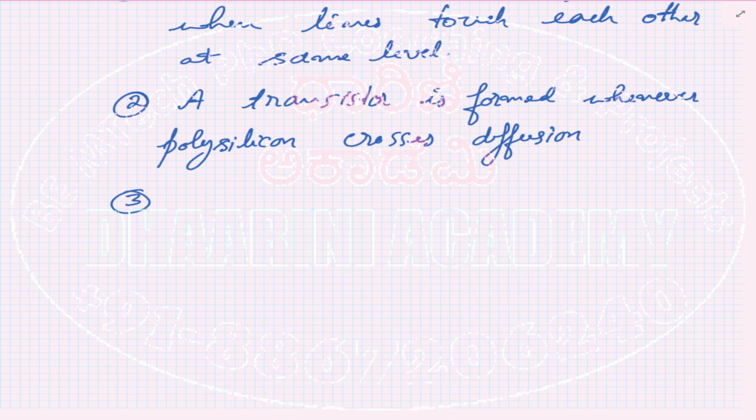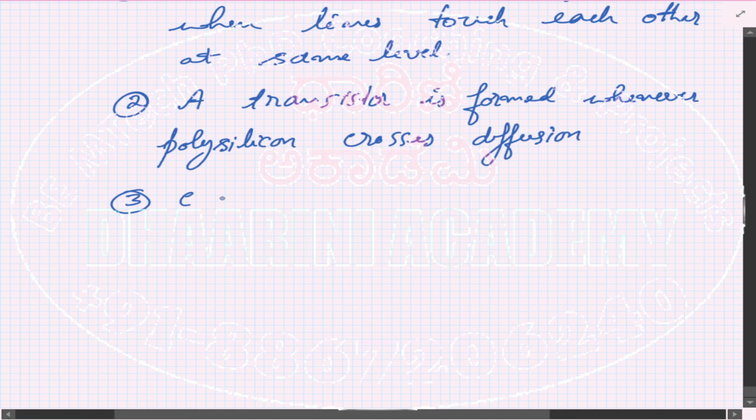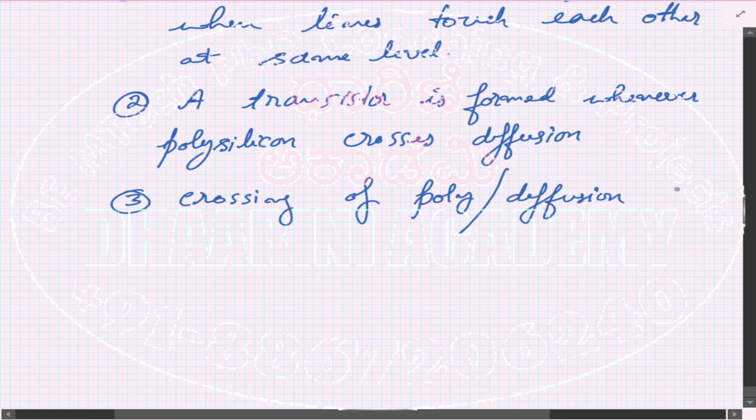Okay, now poly or a diffusion can cross metal. I can write it in this way: crossing of a poly or diffusion by metal. Metal layer can cross any of them. Metal is allowed.